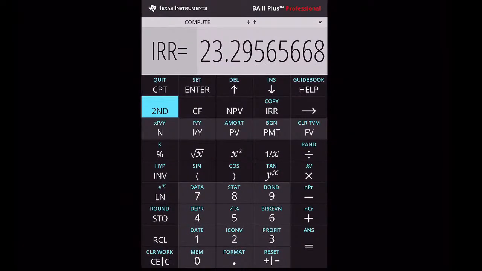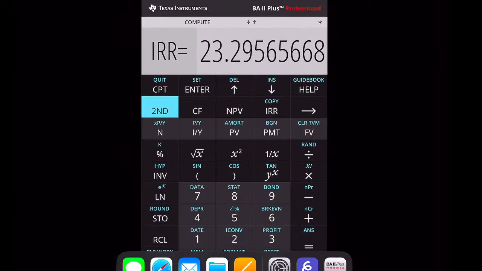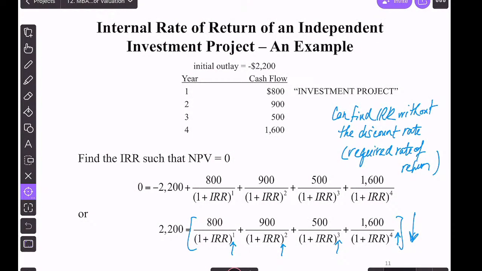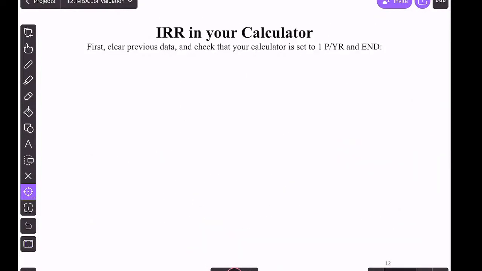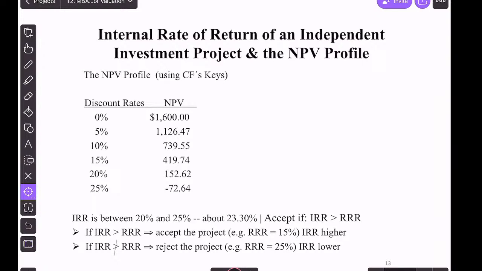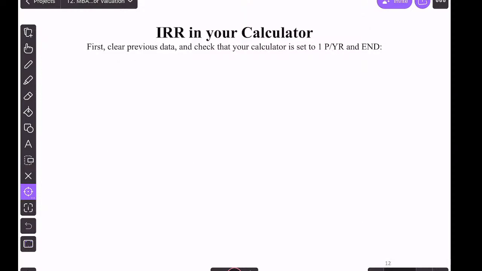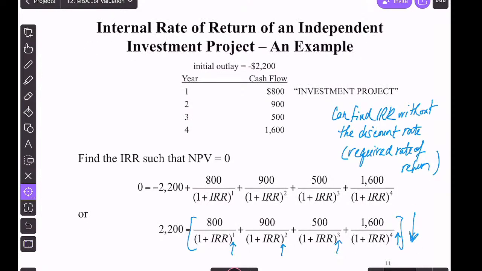Okay, so what does this number mean? 23.29. This is the return on investment, so it's 23%. Actually 24, because if you rounded it, it would be 24. All right, so what's going on?